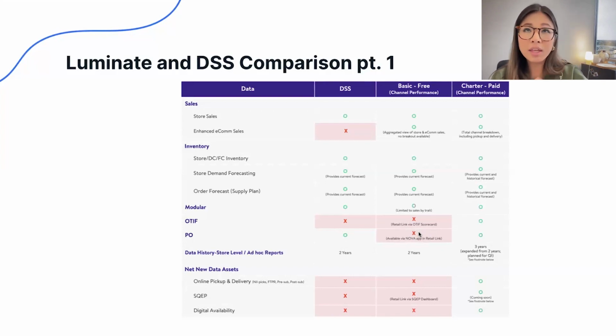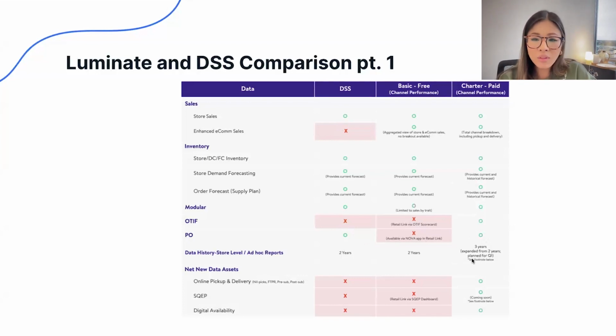I would say Nova is a decent application, but obviously, as you all know, the ability to combine multiple data sets is so important to what we do. So the fact that you have to go to different applications and stitch it all together when you used to have all this available to you is a little crazy, but that is kind of the reality of it. They are going to include PO information on the Charter side. So again, if you pay for it, you will have that type of information.